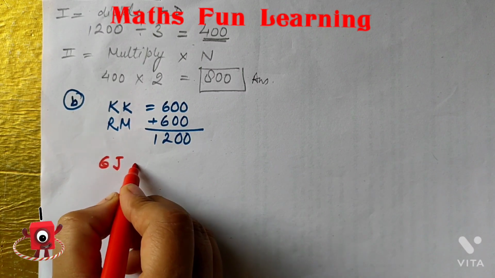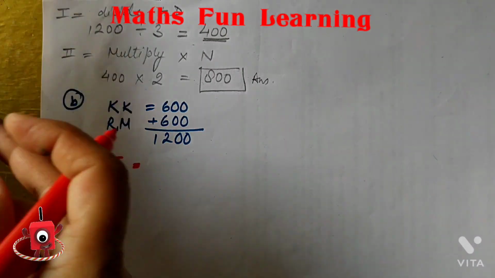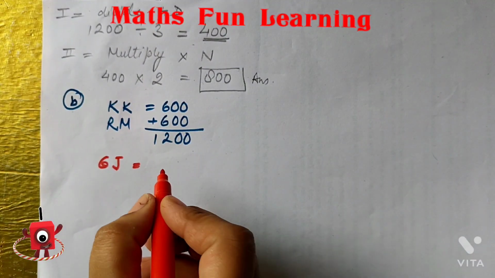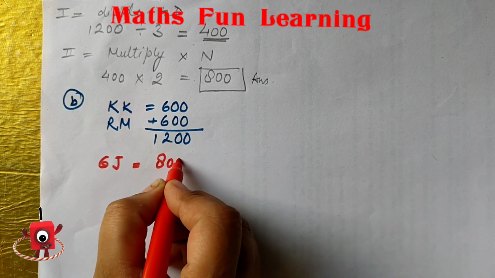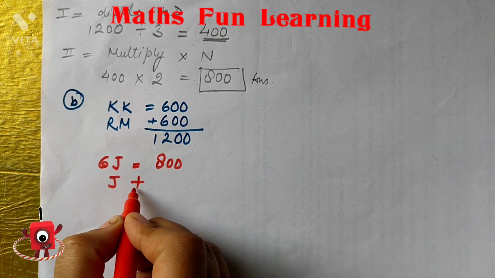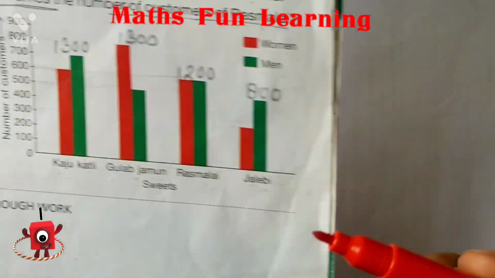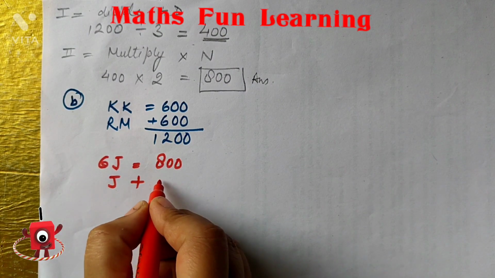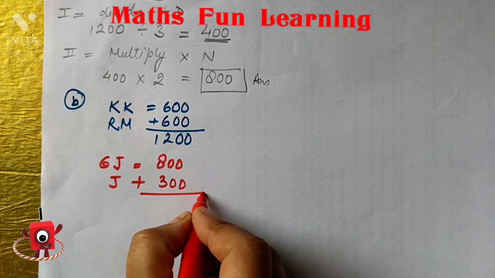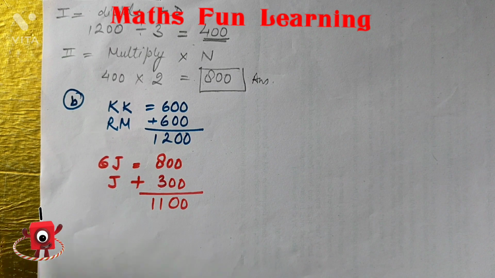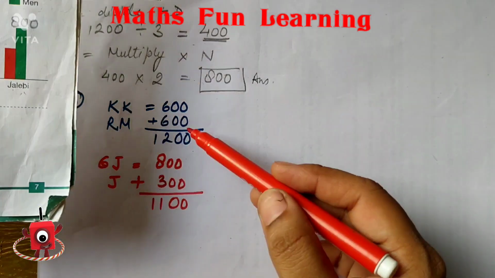The women in Gulab Jamun are 800 plus Jalebi women are 300. Add these two, 1100.